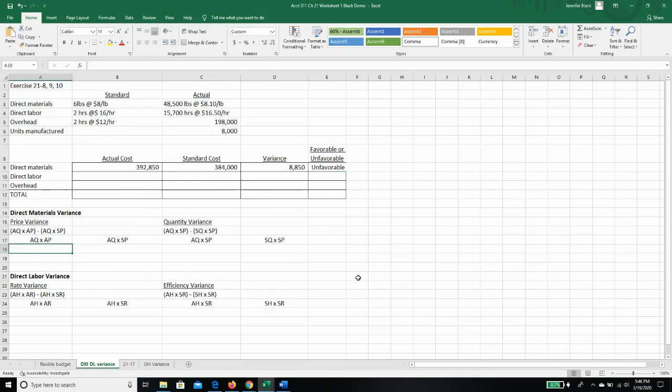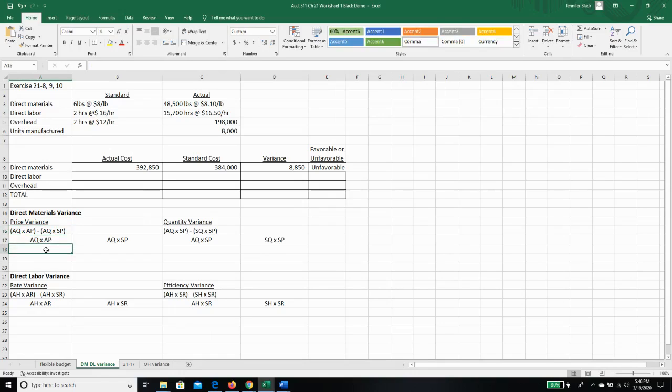Let's jump down here. Within our direct materials variance, there are 2 reasons we could have had a variance. Either we used more materials in each product than we thought we were going to, or we paid more for the materials than we expected to. So that's our price variance when we paid more, and our quantity variance when we used more. To calculate our price variance, we take the actual quantity times the actual price minus actual quantity times our standard price.